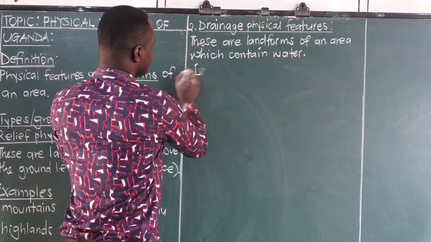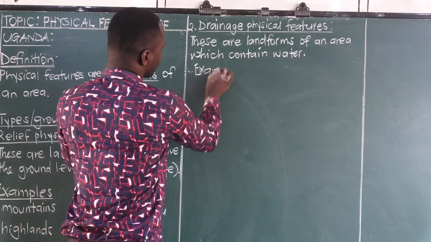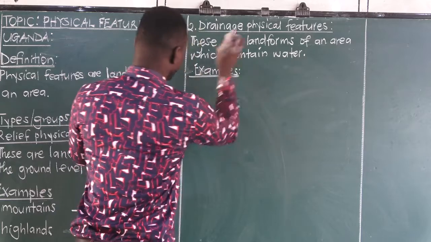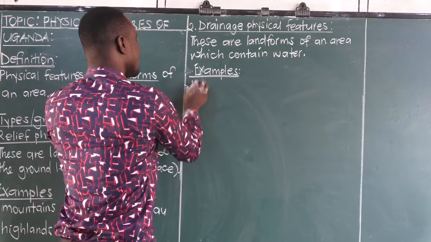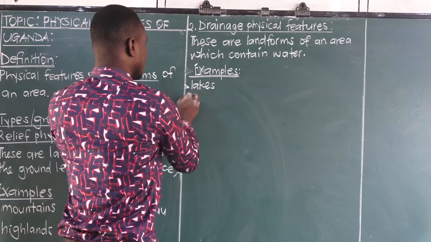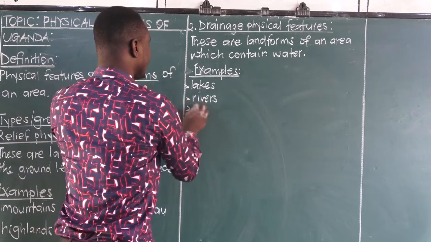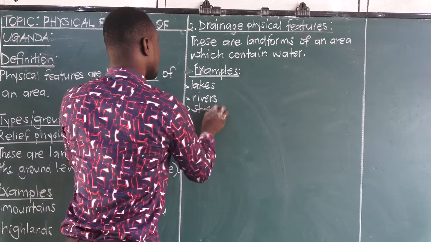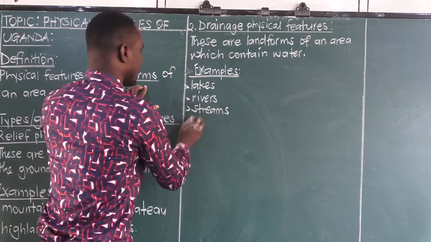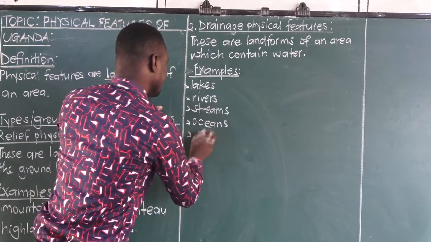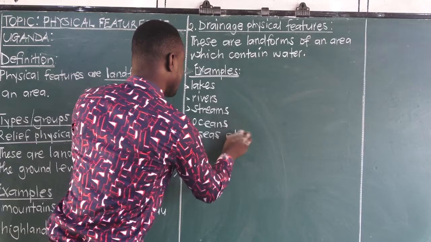Let's first write a heading. Examples of these drainage physical features. We are saying we can have lakes here. We can have rivers. We can have streams. We can have oceans. We can have seas, and many others.